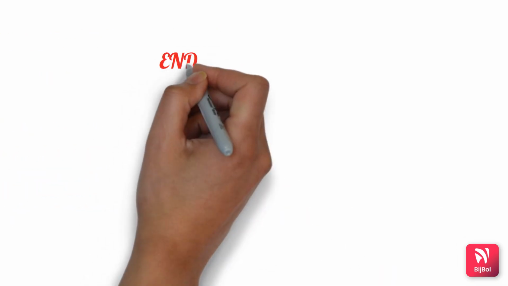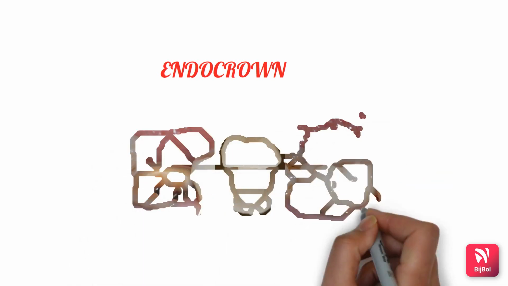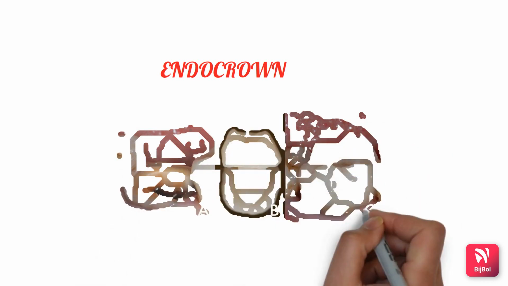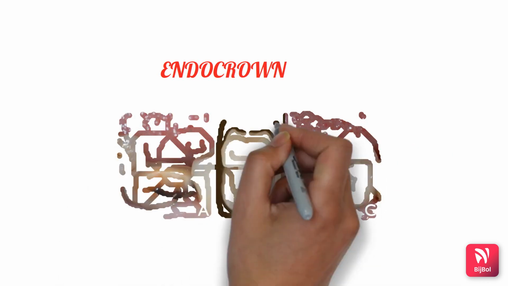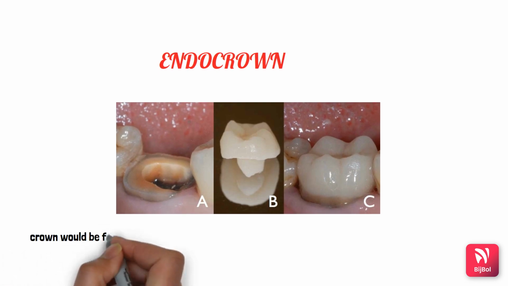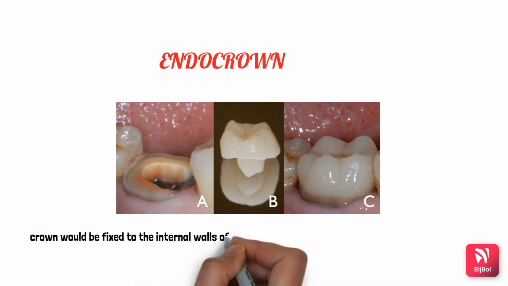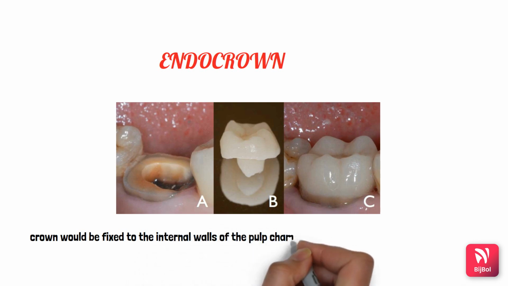Among recent techniques, we have another method of restoring the grossly decayed tooth, that is the endocrown. This is one of the recent techniques where the crown is fixed to the internal walls of the pulp chamber.